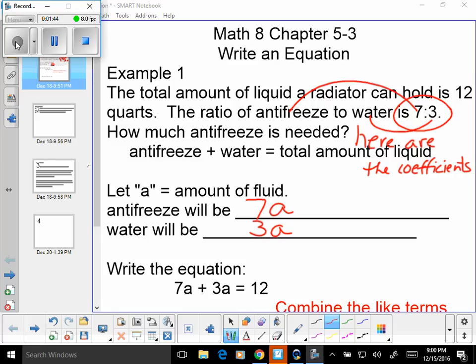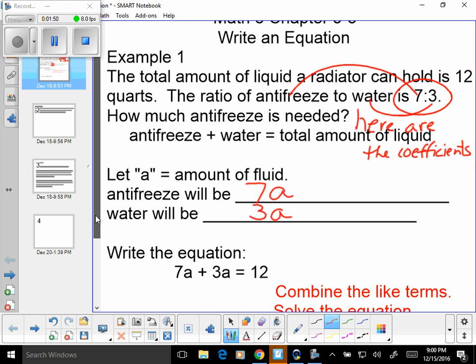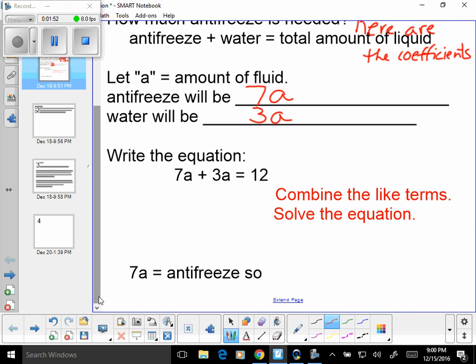Now I'm going to take these words, antifreeze plus water, and substitute my 7A and 3A. So my equation is going to be 7A plus 3A equals 12. Here's the antifreeze plus the water equals the total.